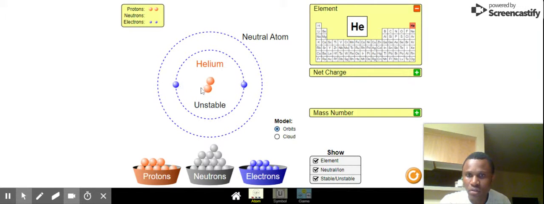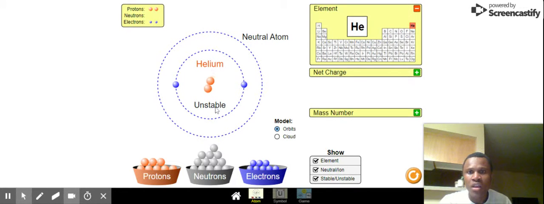So the proton has a charge of +1 and the electron has a charge of -1. So you could see when I take these electrons off, this atom has a charge right here. But when I add the second electron, it balances the charge and it tells you neutral atom. This is simply because the electrons are meant to balance the charge of the proton.